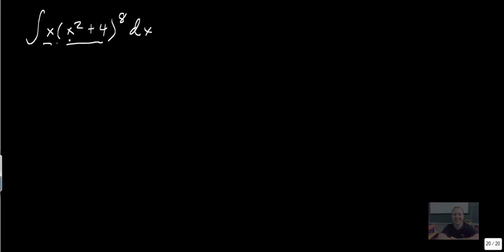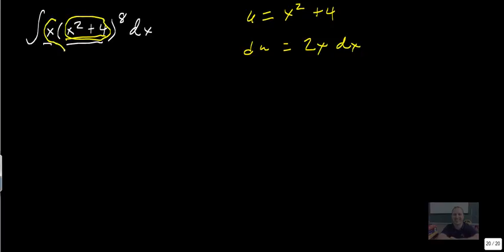If this was a u, let's just say x squared plus 4, then du would be 2x dx. So this is your u, right? And 2x dx, I almost have that. I have x dx.